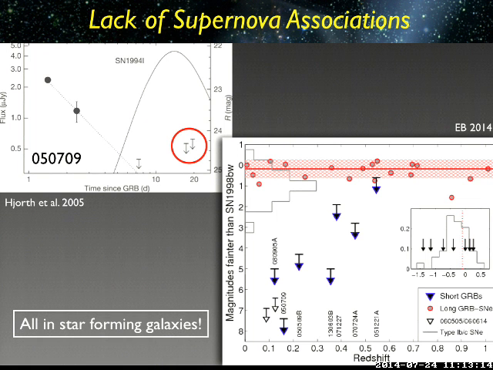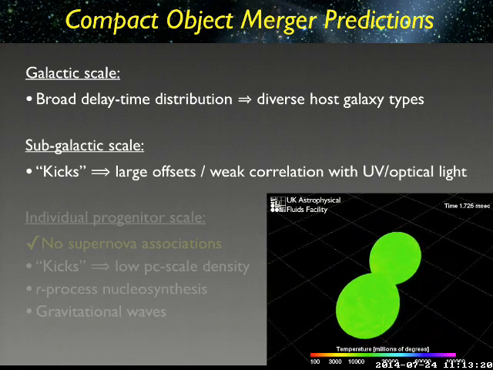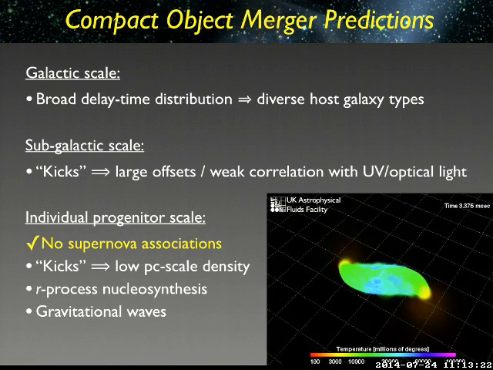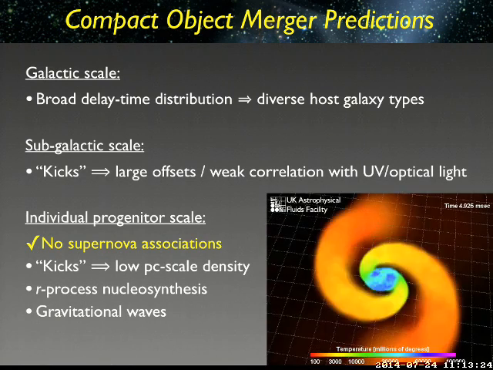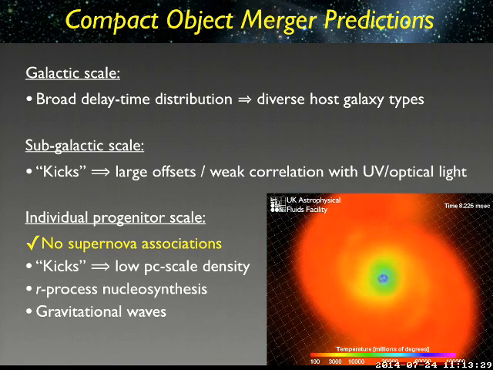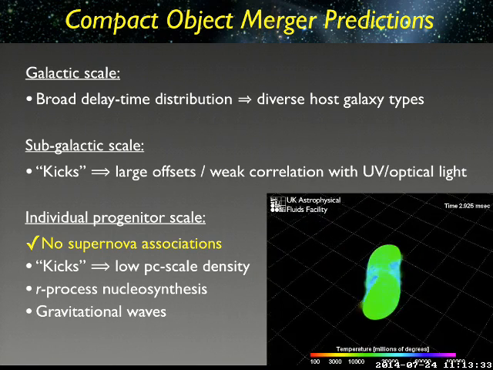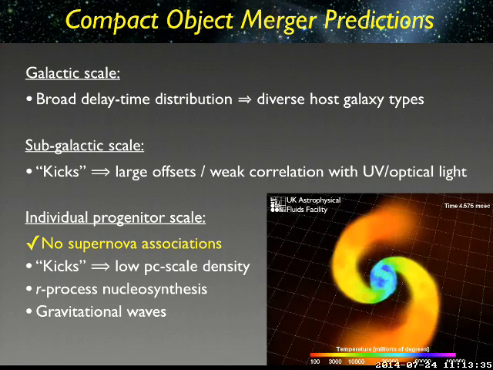So we can correct for that. Okay. I think we can confirm, at least where we have measurements, that generally there are no supernova associations. Now, this is not the full sample. We don't always have these measurements, but as a whole, whenever we have data, we don't see any supernova signature.